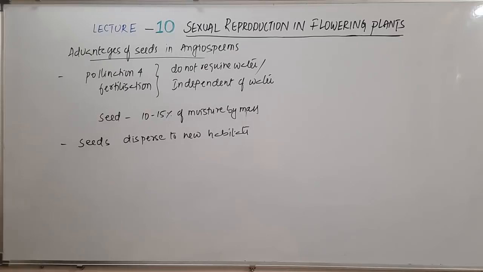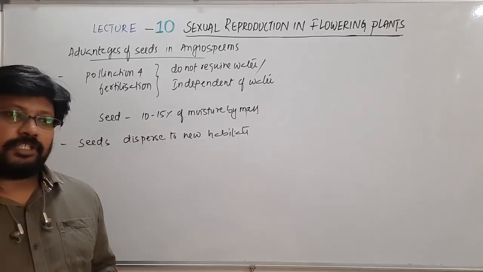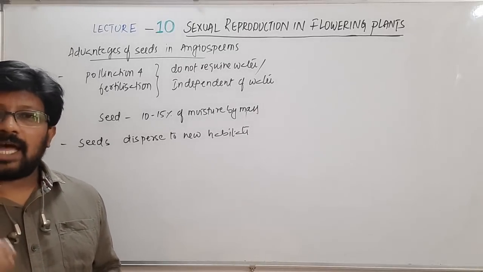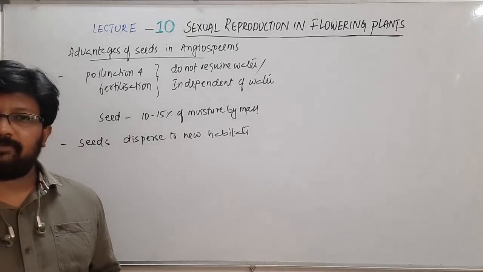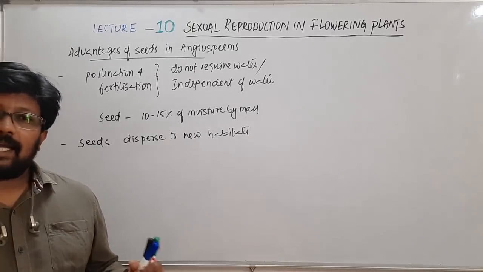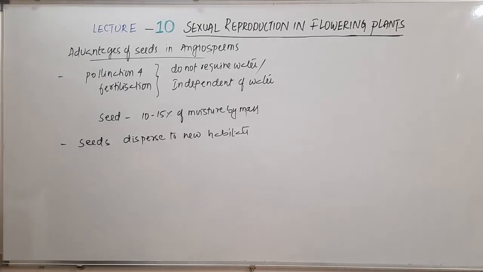When they fall on a suitable location, which has adequate water, favorable temperature, pH, and many other factors, then the seed will germinate and give rise to new plantlets that will grow, right?